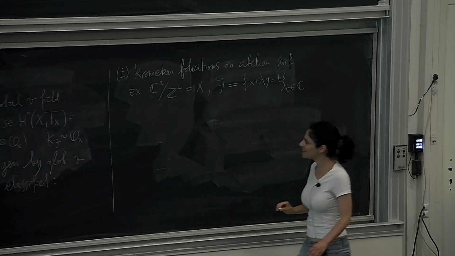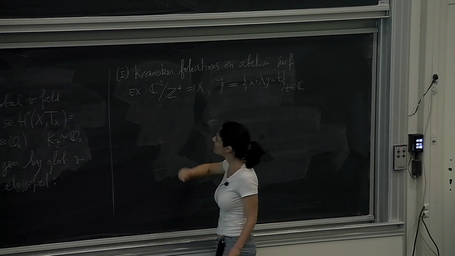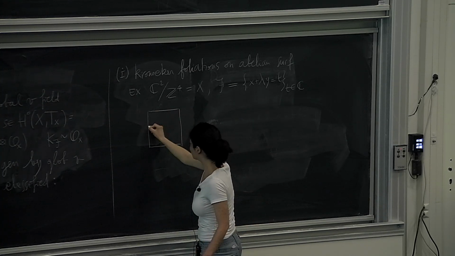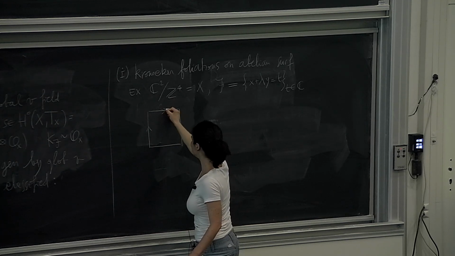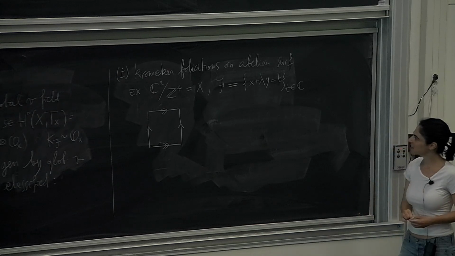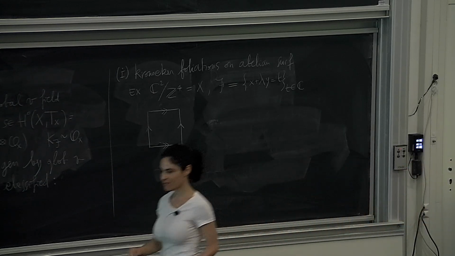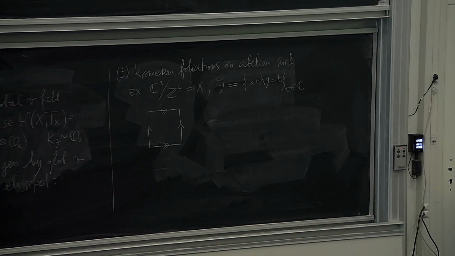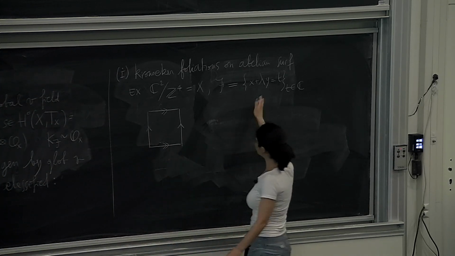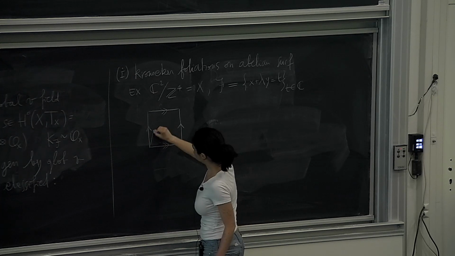So let's pretend that we are not in complex dimension 2, but in real dimension 2. So I'll draw the torus with the two identifications. And these hyperplanes project onto X. And well, let's take a hyperplane through 0.